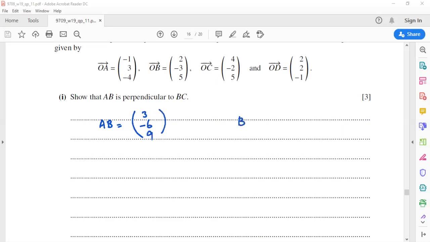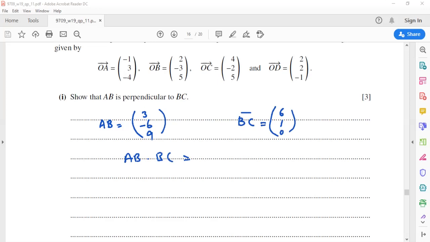Similarly, if we are looking for BC, it's OC minus OB. So 4 plus 2 is going to be 6, minus 2 plus 3 is going to be 1, and 5 minus 5 is going to be 0. Now let's find the dot product of AB and BC. If it is equal to 0, then the vectors are perpendicular.